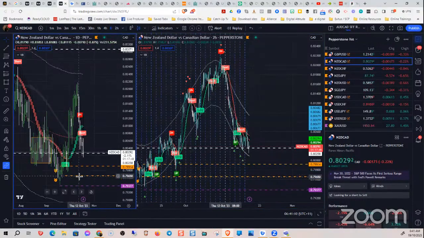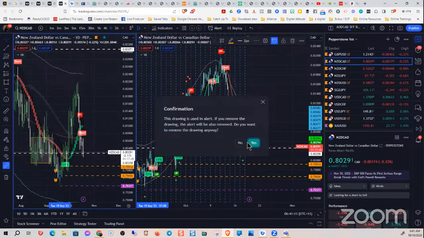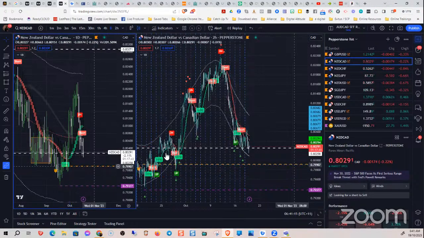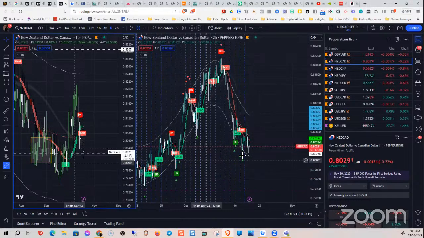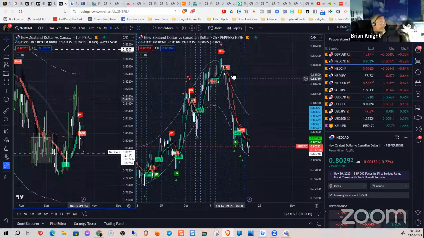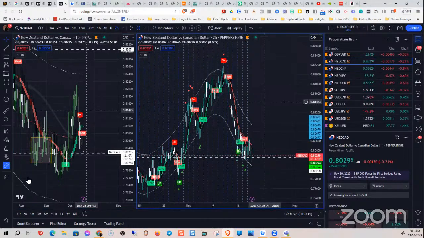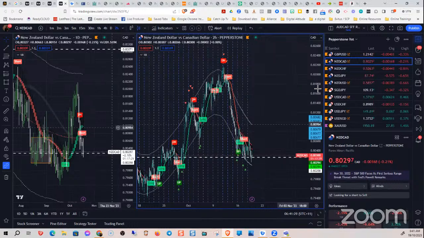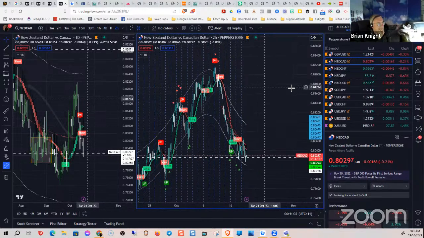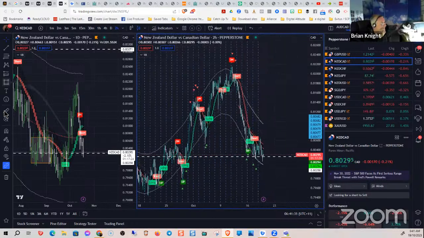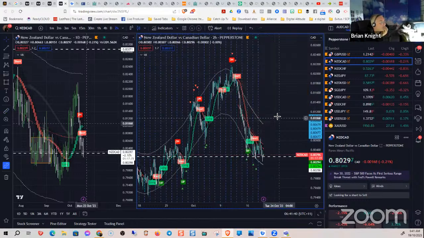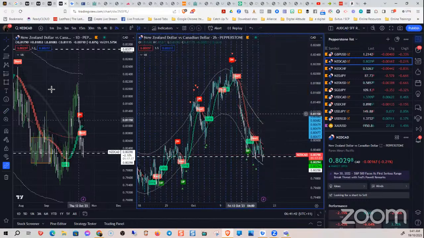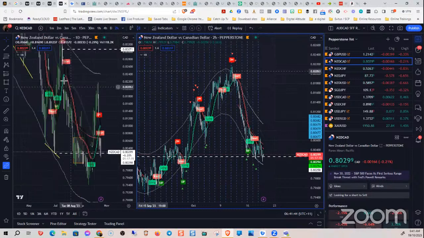Because I got up there where it said short. Now, if I would have waited for a push and a pullback and everything else, I'd have missed the move. And that's a nice 150 pips. So it's worth the risk placing trades.